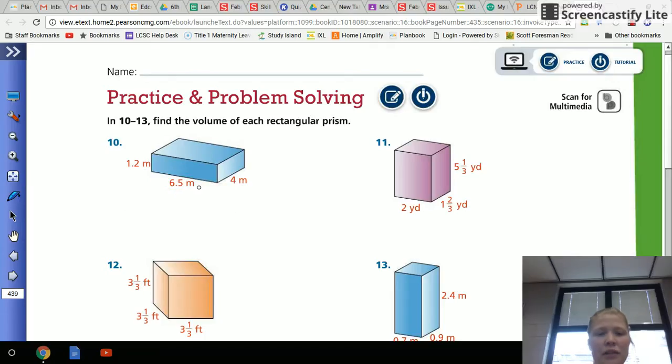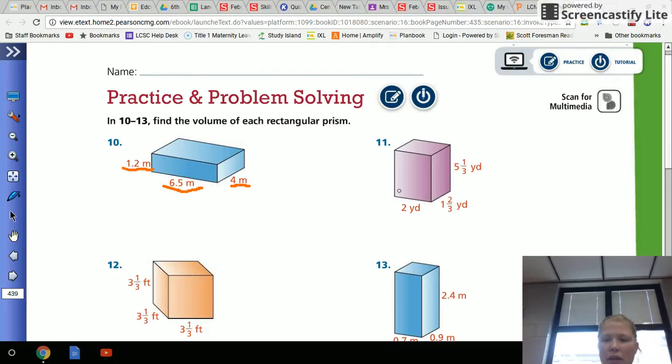Okay, so you're going to take 6.5 right here times 4, and that should come out to, this will help you figure out what you did wrong here. 6.5 times 4 should have given you 26, and then you're going to take 26 and multiply that times 1.2. And your answer should have been 31 2/10 meters cubed.